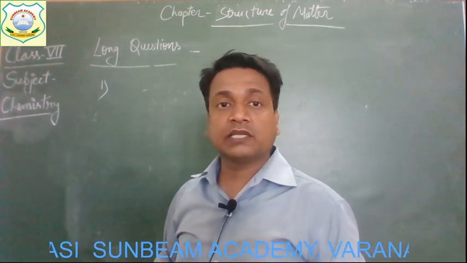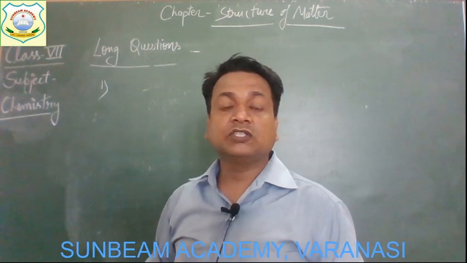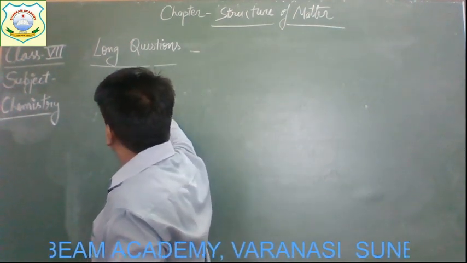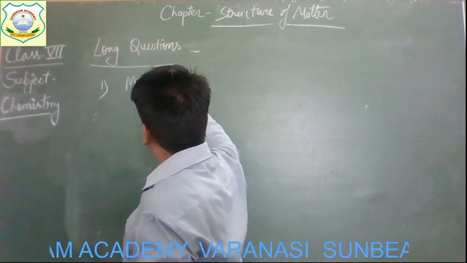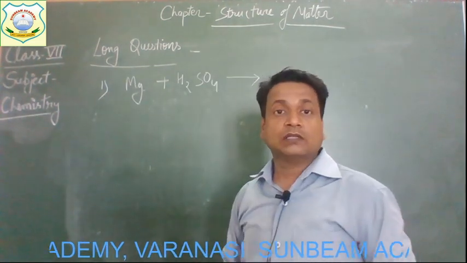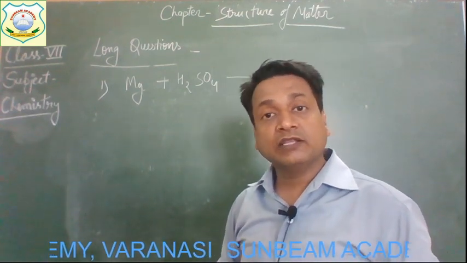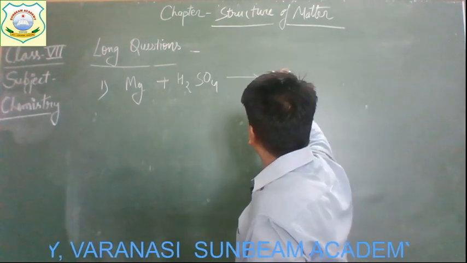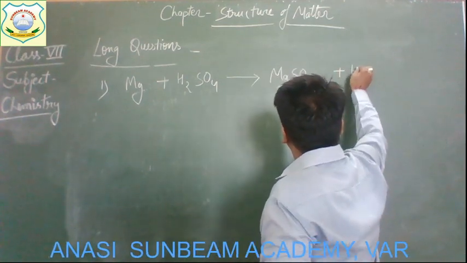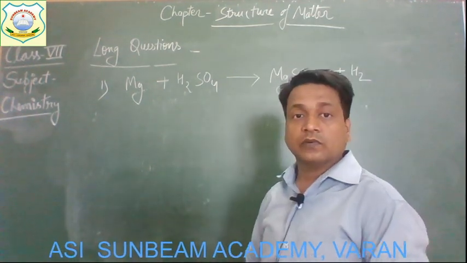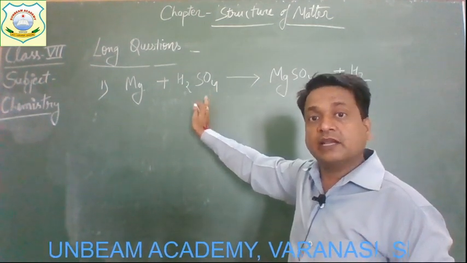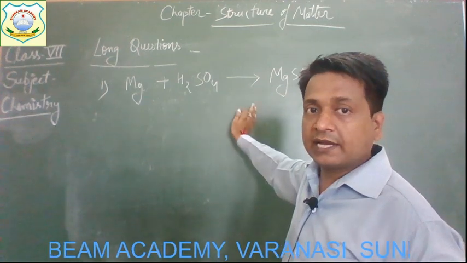The first one is given: when magnesium reacts with sulfuric acid, the product we will get is magnesium sulfate and hydrogen. Okay, children? So, check whether the number of atoms are equal on both sides or not.